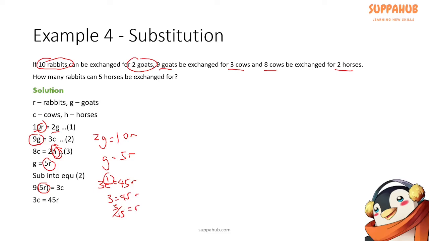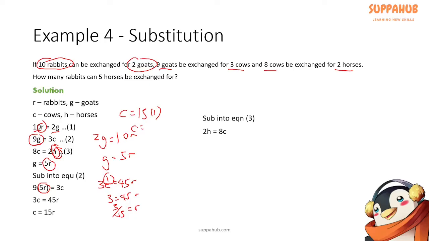So if there's 1 cow only, then 1 cow equals 15 rabbits. You need 15 rabbits to get 1 cow, which is what this equation tells you. Sub this into equation 3: 2 horses equal 8 cows.